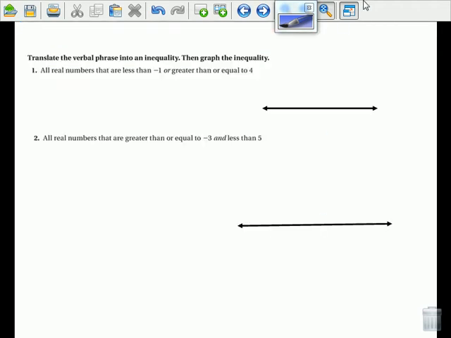All right, let's look at some of these verbal phrases. We're going to translate these verbal phrases into an inequality, then we're going to graph it. We're looking at all real numbers that are less than -1 or greater than or equal to 4. So this is a union. All real numbers, we're just going to use the variable x, that are less than -1 or those real numbers are greater than or equal to 4.